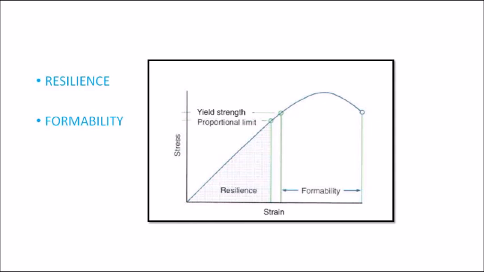Now the second measurement is your formability. So formability is the amount of permanent deformation that the wire can withstand before failing. In other words, it represents the amount of permanent bending the wire will tolerate before it breaks.